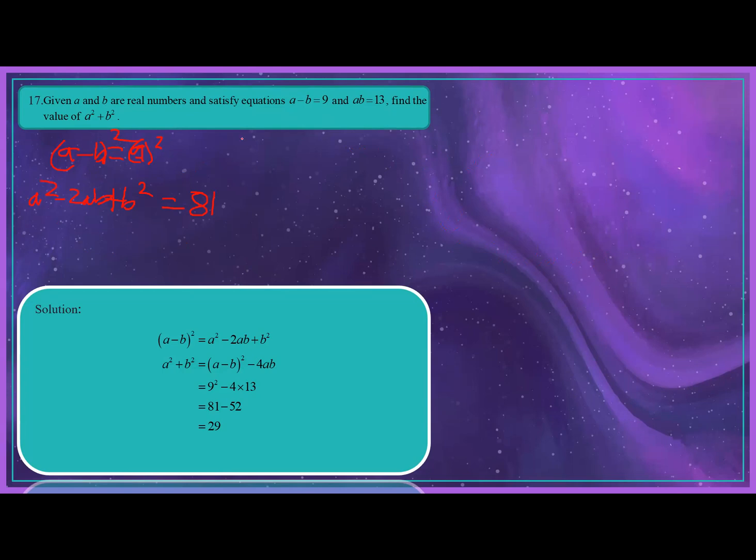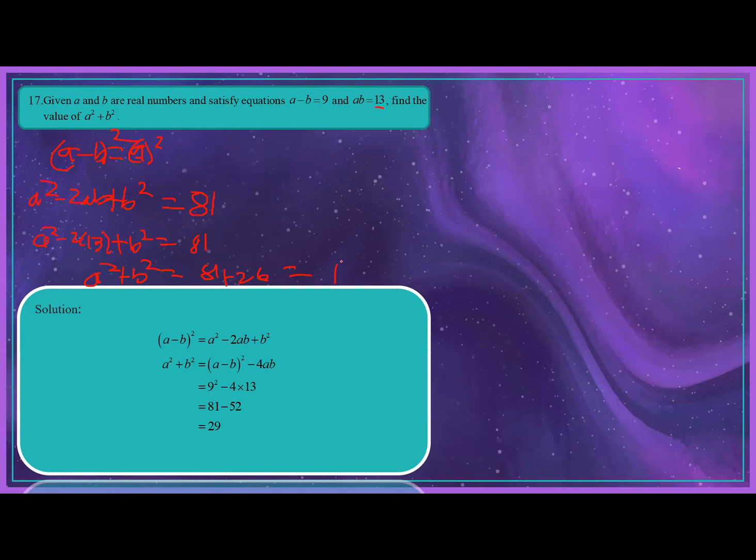Now we have ab equals 13, so a squared minus 2 times 13 plus b squared equals 81.